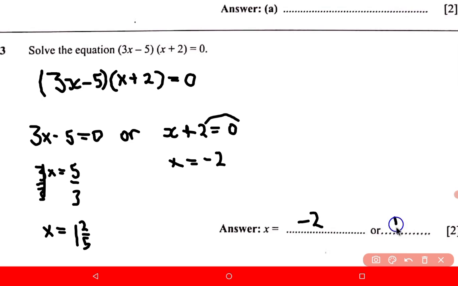Or this one, you can leave it as a decimal if you so wish, but I'll leave it as it's 3. The numerator was 3. This was supposed to be a 3. Okay, so these are the answers for this particular question. So let's go to the next question.